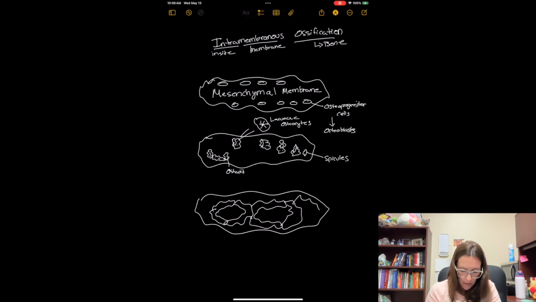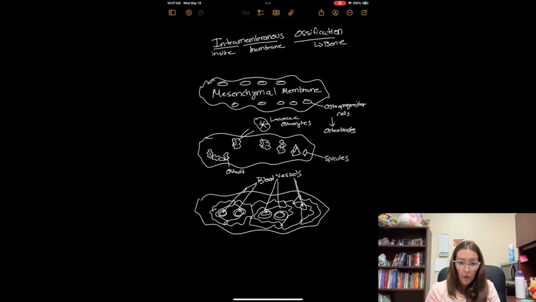And what I didn't draw here before is that inside the membrane, during this developmental stage, we see blood vessels. So instead of them invading the area, the bone is just going to grow around the blood vessels.